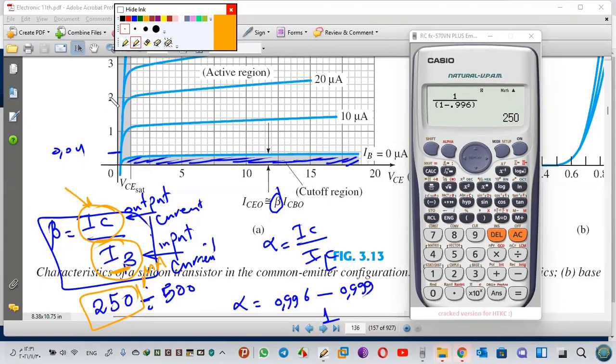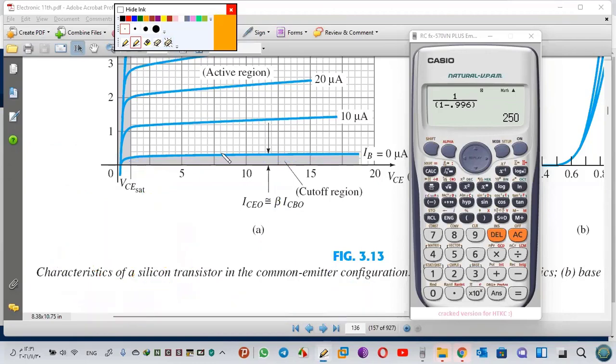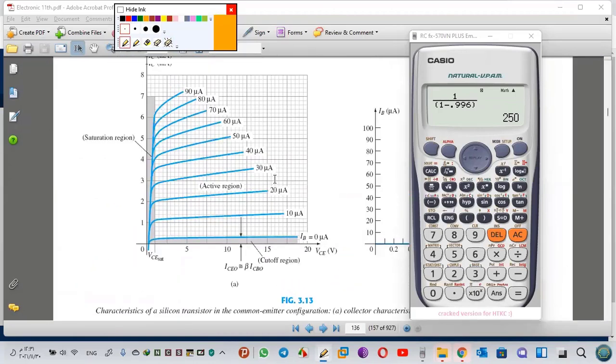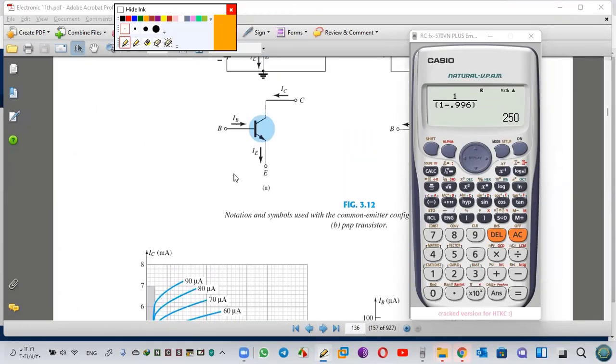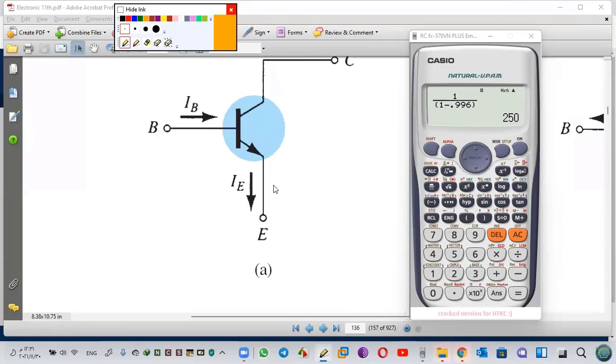Yeah, but here we use this very small current. Input current is very small, microampere. Output current is milliampere. So we changed from micro to milli, 10 to the minus 6 to 10 to the minus 3.